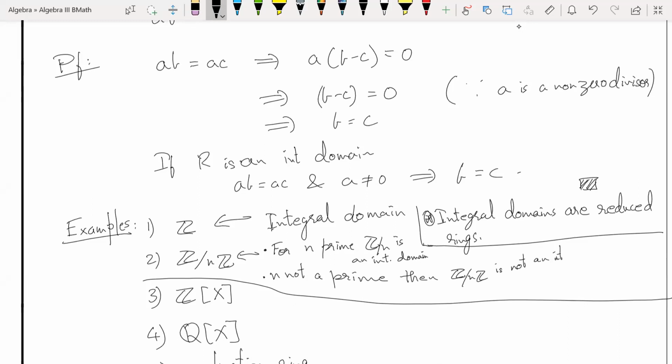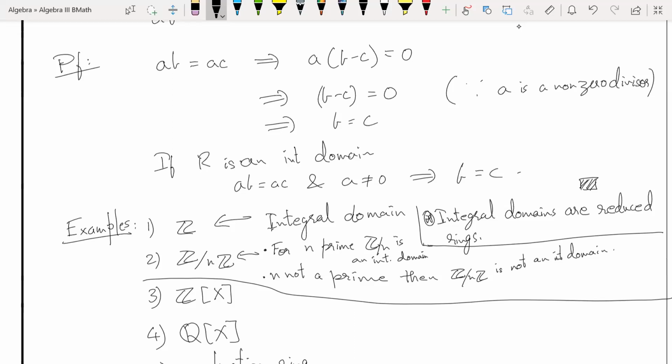Why is that? Say n is p times q, where p and q are greater than 1.